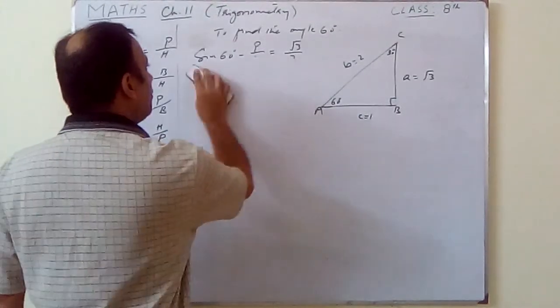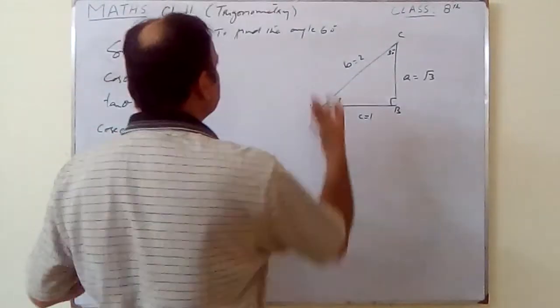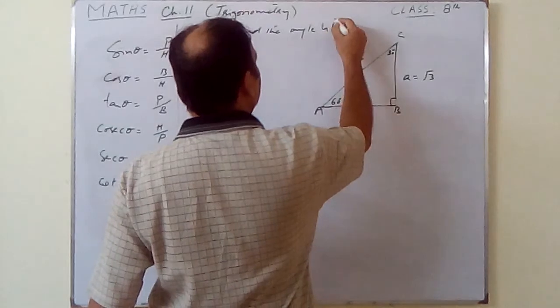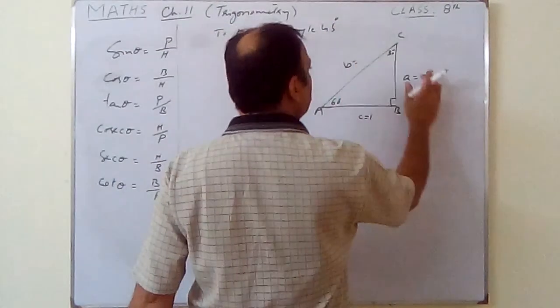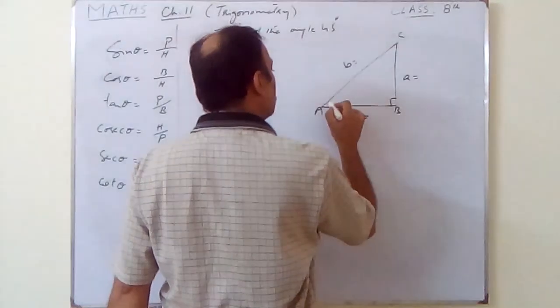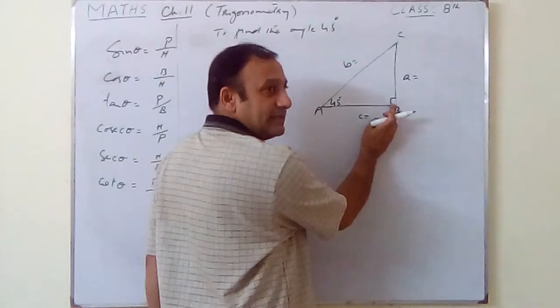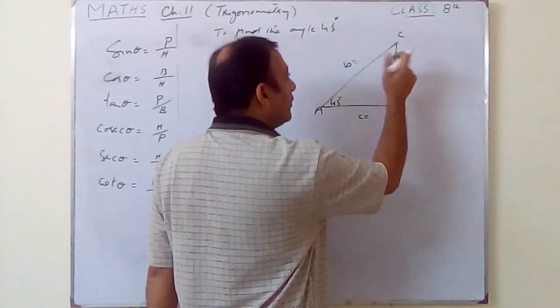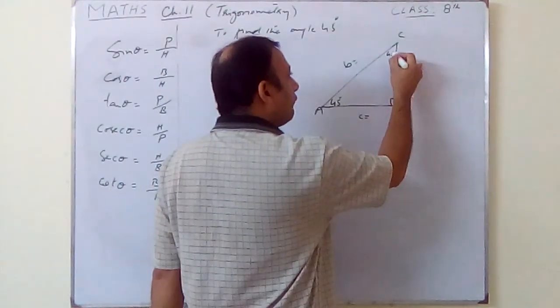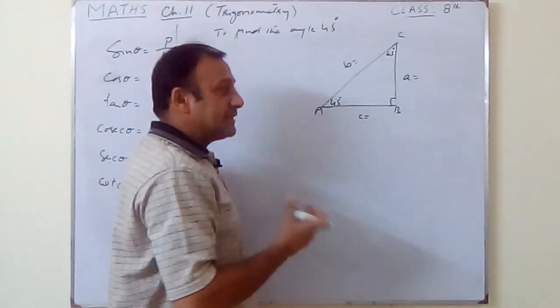For 45, if this is a 45-degree angle and this is a 90-degree angle, then this is also 45. Both angles are the same, so their opposite sides are also the same.